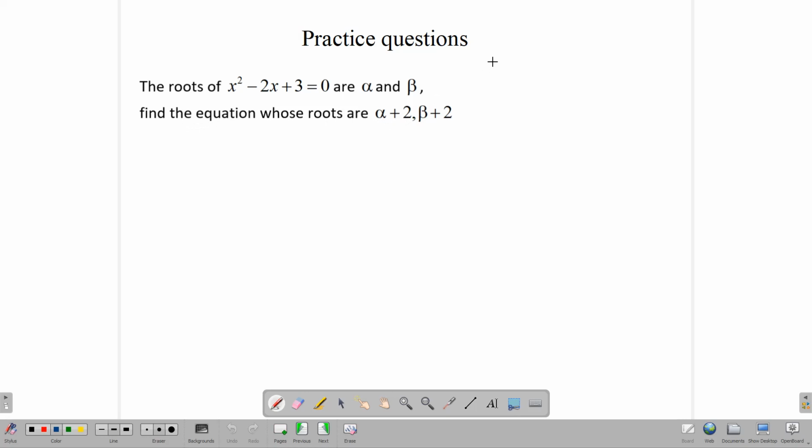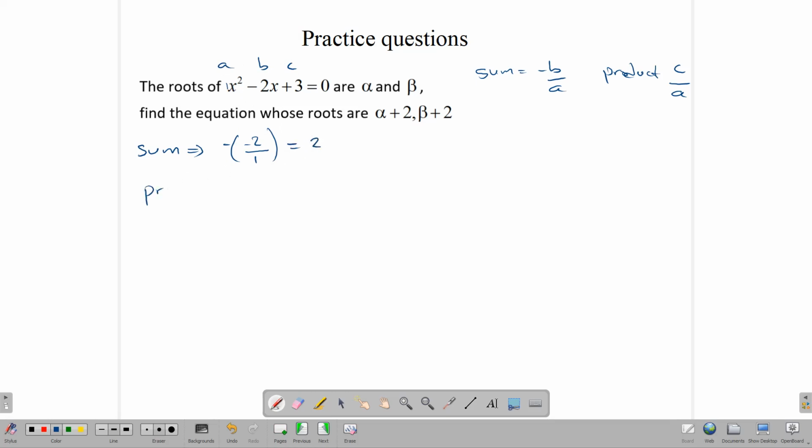So first, remember, sum is equal to minus b over a, and product is c over a. So the sum of the roots is going to be minus b, which is minus 2, over a. A here is 1, and that gives us a positive 2.